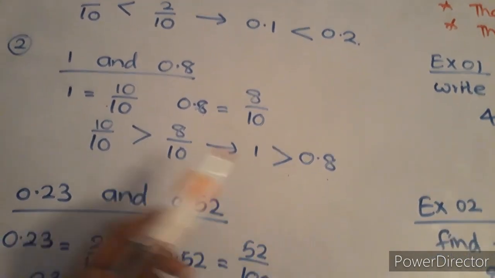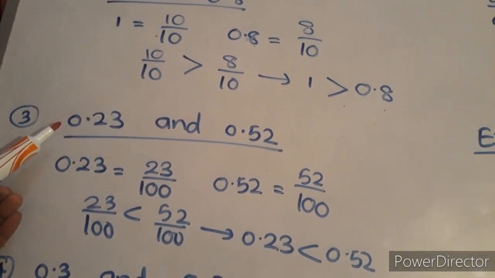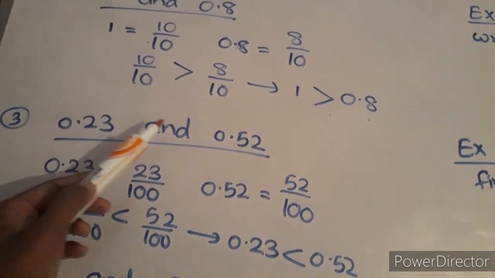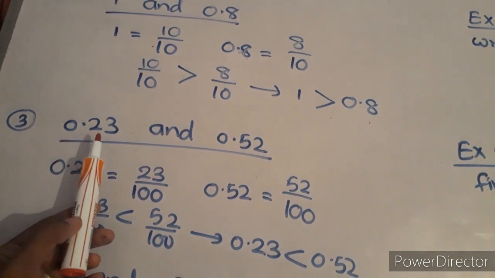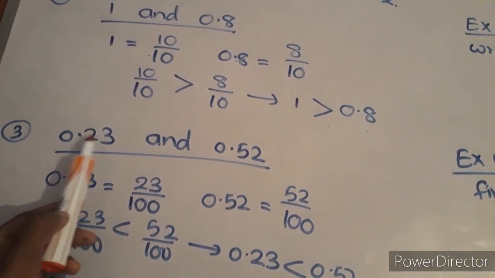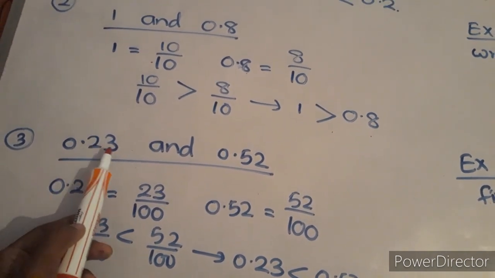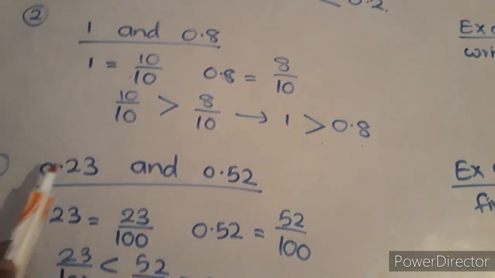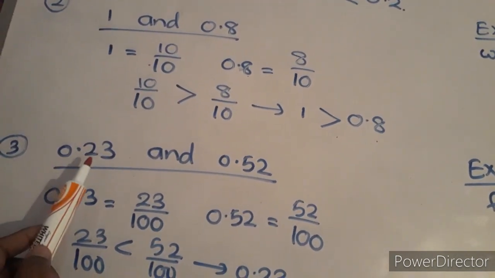Understood? Okay. Next example, it has 0.23 and 0.52. How many digits are there in the decimal places? 2. Earlier ones only had one decimal place, but here there are two decimal places.